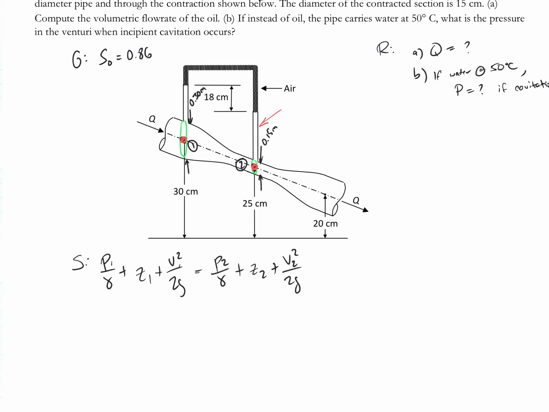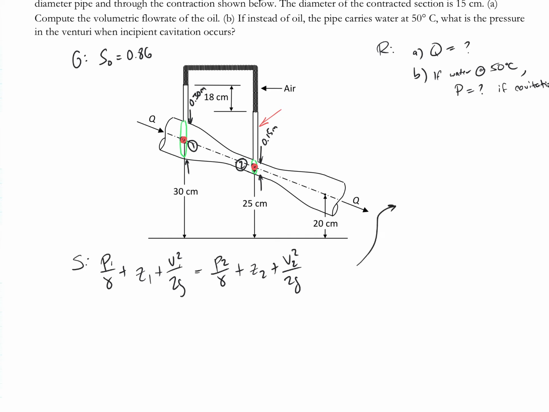But really, we're just inside a pipe that's full of liquid, so we know it's pressurized. We've got Z2, which is 25 centimeters, and we've got a velocity. So this thing doesn't lend itself to easy solving. However, as you've noticed by now, this is one of my favorite types of problems.